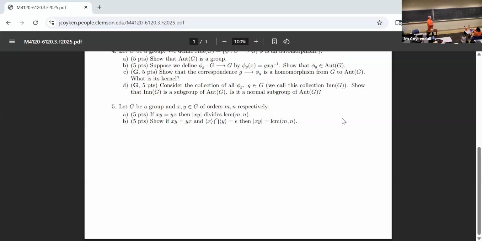We know X is in H, but how do we know X inverse is in H? Well, our criterion is this: if you have two elements in H, X and Y, then X times Y inverse has to be in H, right? In this case my two elements are X and X, so X times X inverse. So this forces the identity. Here's my step one: I know that the identity is in the set.